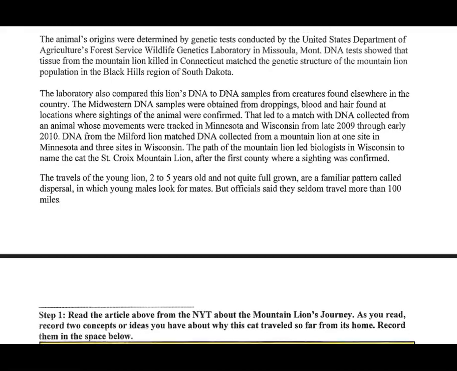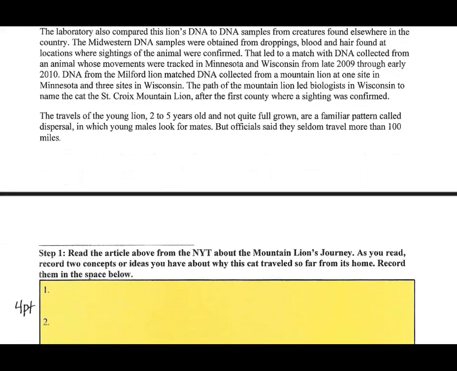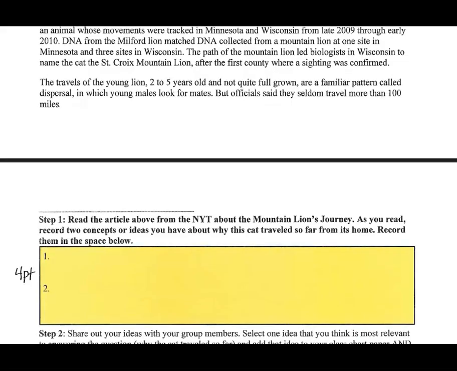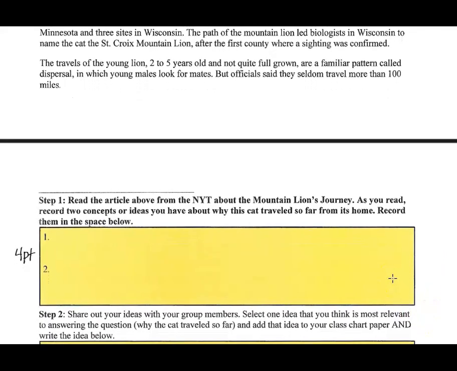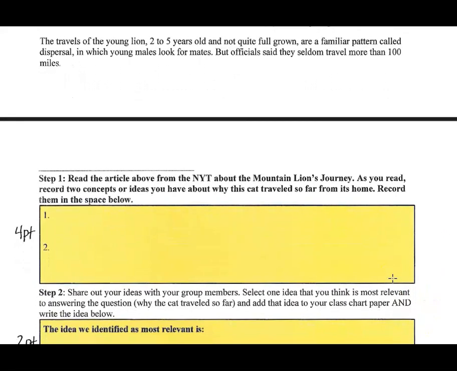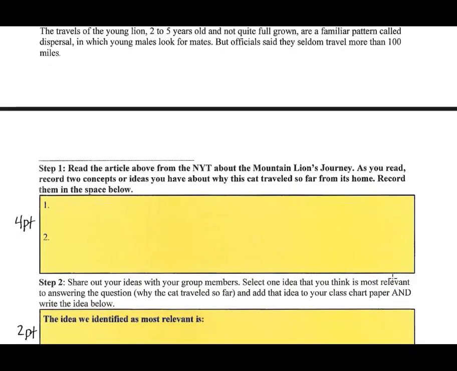1,500 miles. All right, so you need to record 2 concepts or ideas you have about why this cat traveled so far from home, and you're going to record them in this space here.